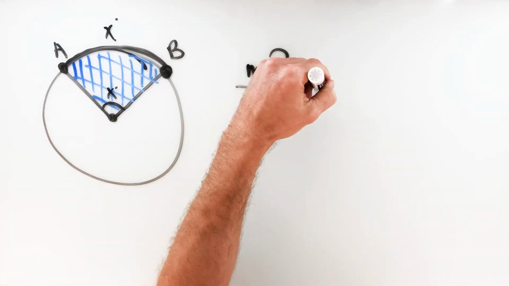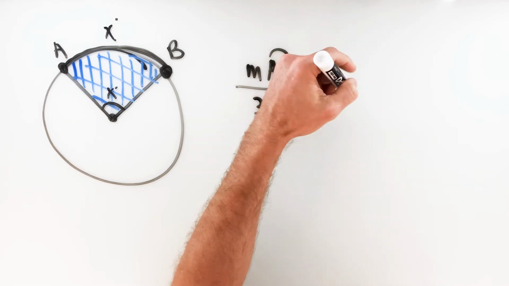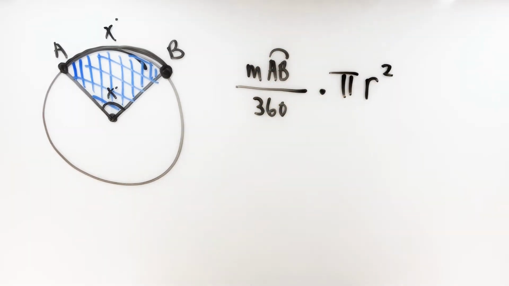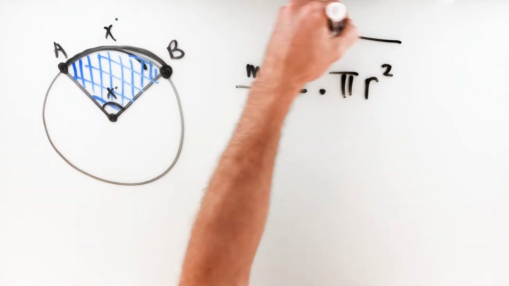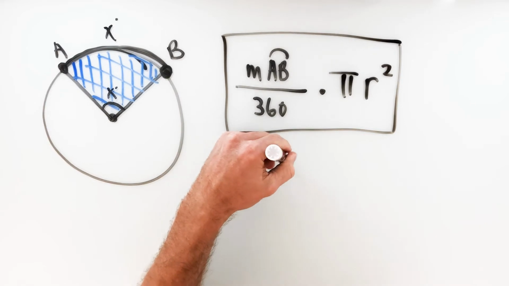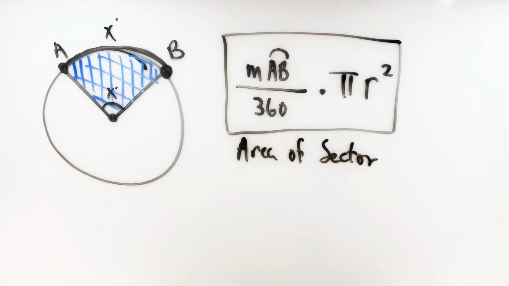And then I'm going to multiply that by the area of the whole circle, which again we recognize as pi times radius squared. This right here is our formula to find the area of a sector. We'll do the examples at the end here, so we're going to keep that in our back pocket.